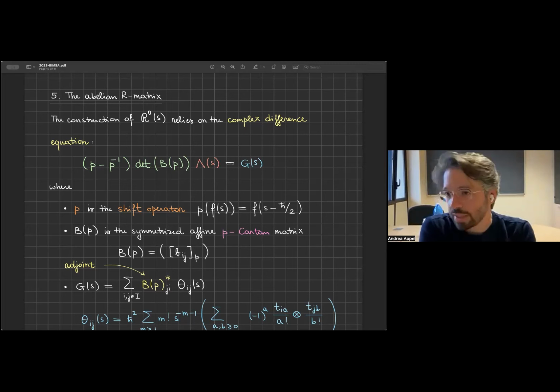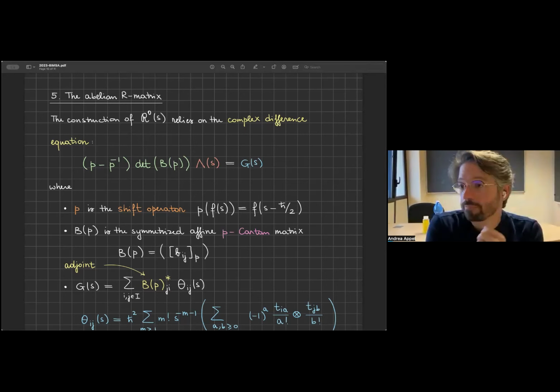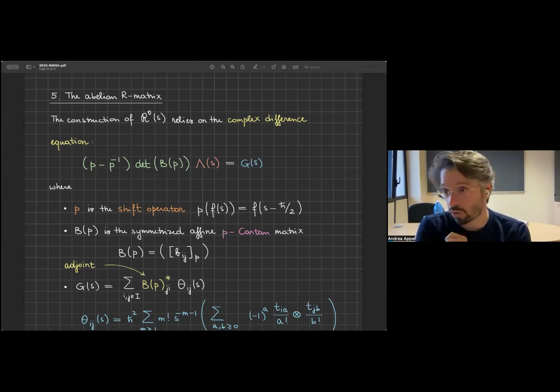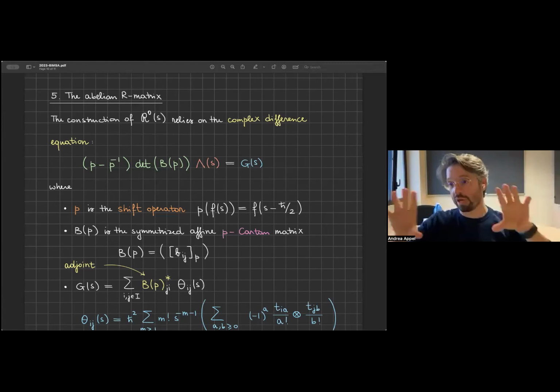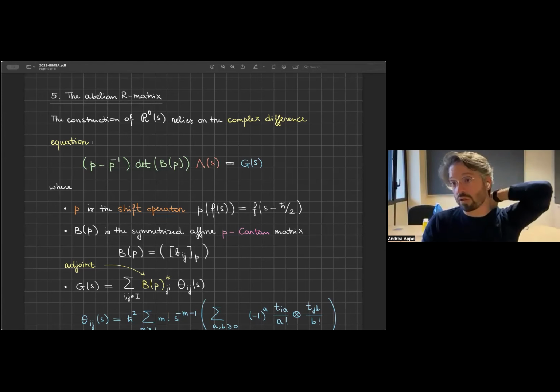On the other end, Hernandez gave a formula for R0 in the toroidal setting. So a full R matrix is actually missing on the toroidal side, and there is only the abelian part. So our first question can be whether the two abelian R matrices can be matched. And this concerns only the Drinfeld coproduct on both sides.